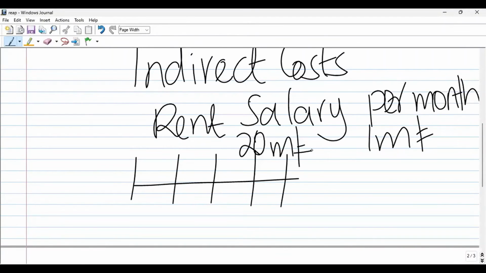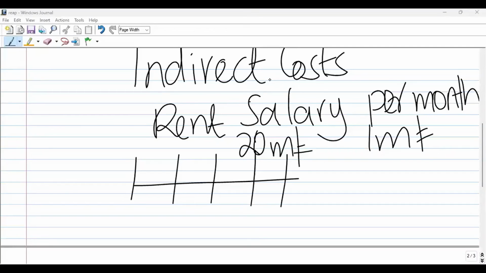Whether you're using certain rooms or you're not using them, the landlord is waiting for his 20 million shillings per month. So that becomes a fixed cost or an overhead. We don't know the basis. He's not telling us to pay per room. He's just telling us to pay for the entire building. Whether we are going to use it or not, he needs that amount. That becomes a fixed cost or an overhead.